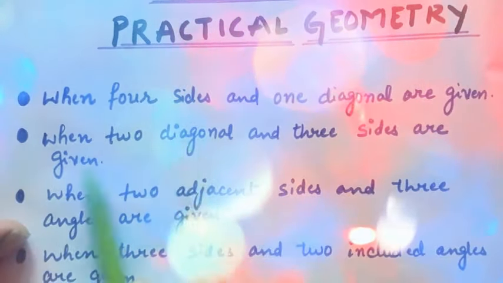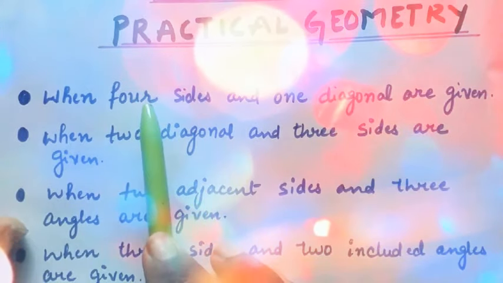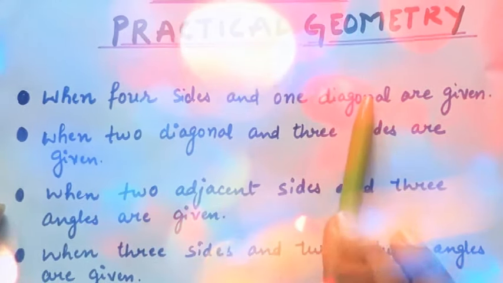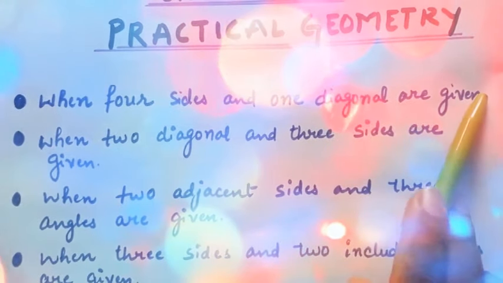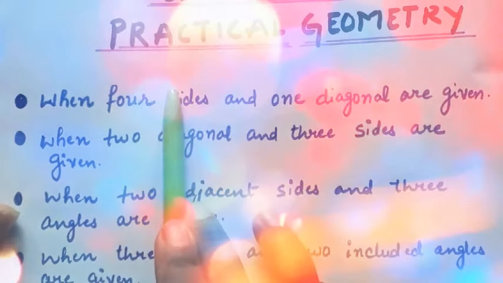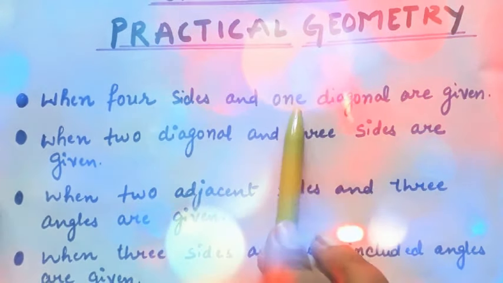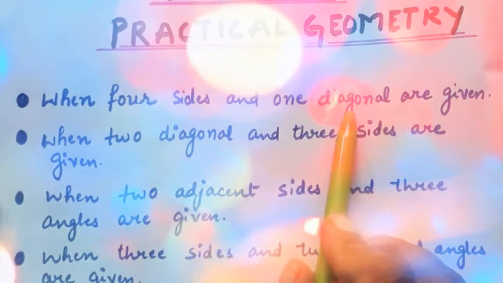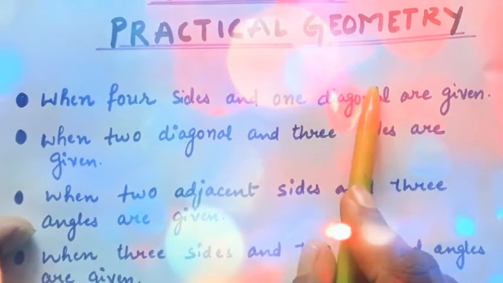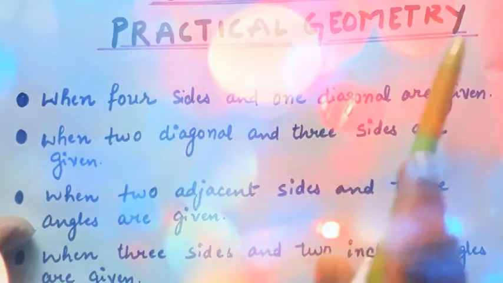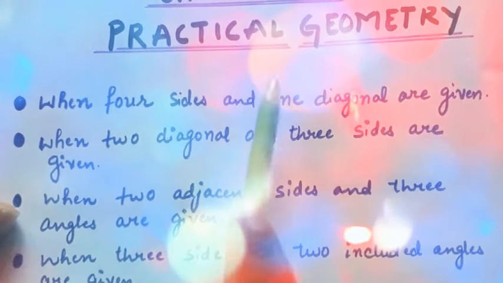So here are some conditions. The first is when four sides and one diagonal of a quadrilateral are given. That means the measurements of four sides and one diagonal are given to you, and you have to construct a quadrilateral. This is the first condition.